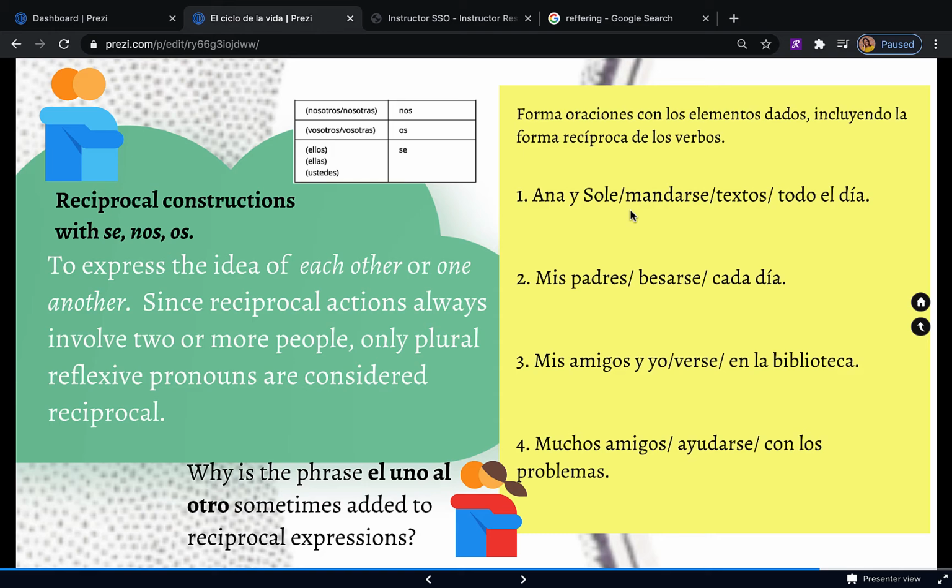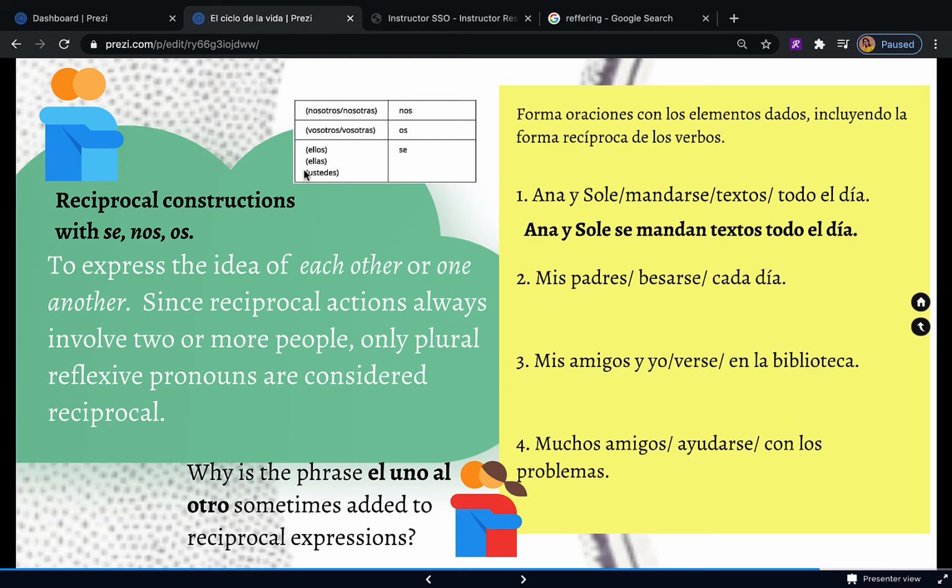Ana y Sole. Mandarse. Here we have a reflexive verb of mandar. Textos todo el día. Okay, so we know it's Ana y Sole, ellas. So you have to use this one, right? You can just take it out of there too. Ana y Sole se mandan textos todo el día.